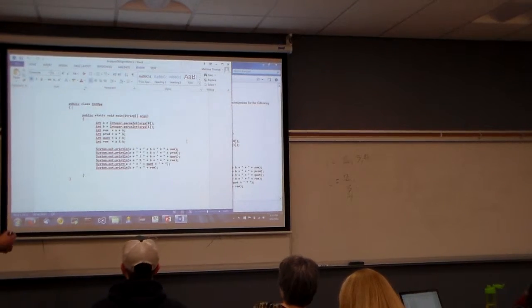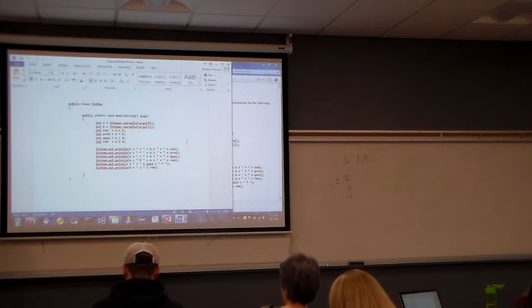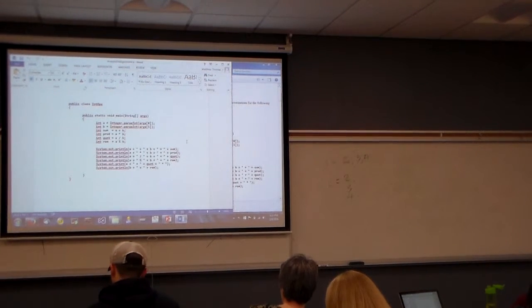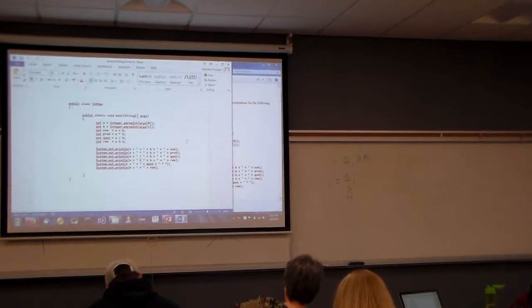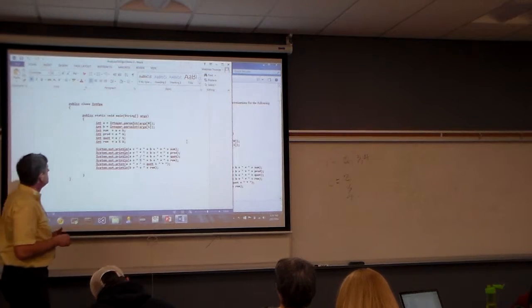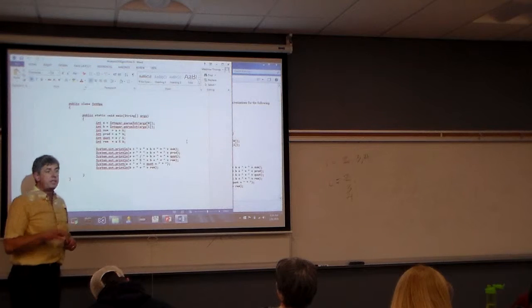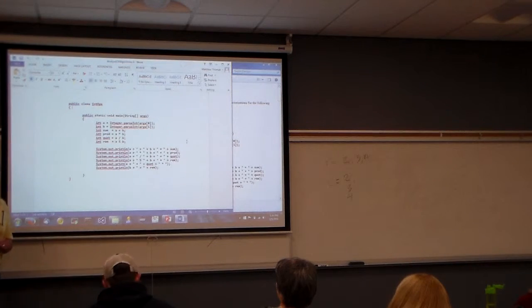Just count the number of operators. Okay, so we got a loop. Random, less. We get that first one. If 10. It's not actually.